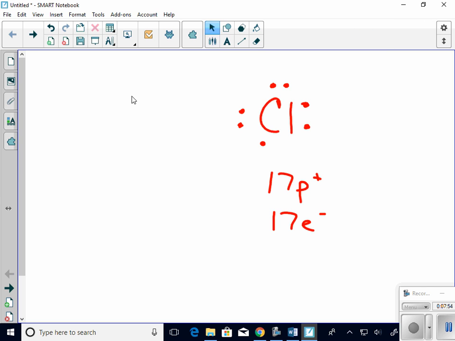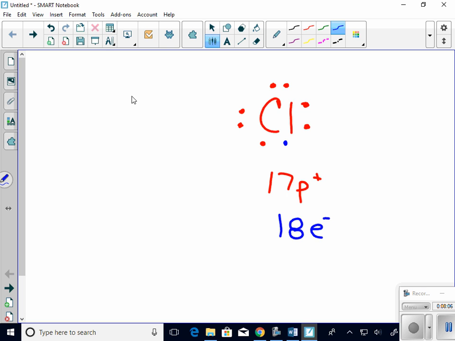If I add 1 electron, now all of a sudden I have 18 electrons, right? So I have 1 more minus than I do plus, so my chlorine is now a -1. Now, chlorine is the name of the element. When I make it into an ion, I do what?